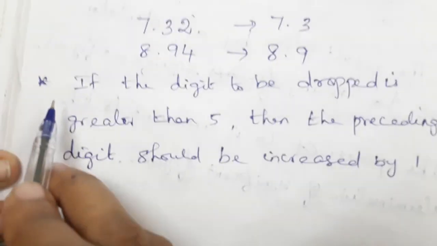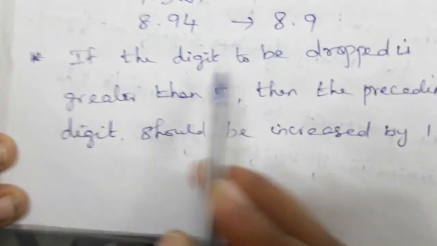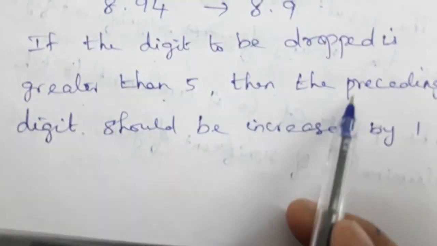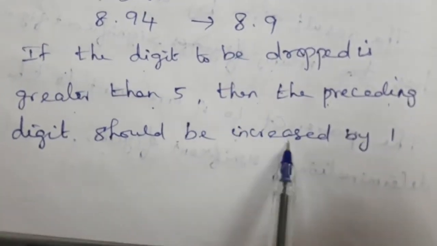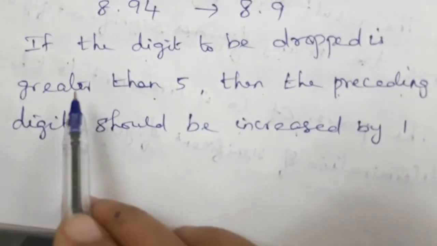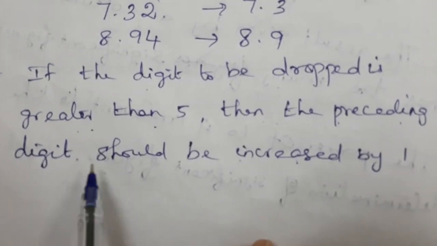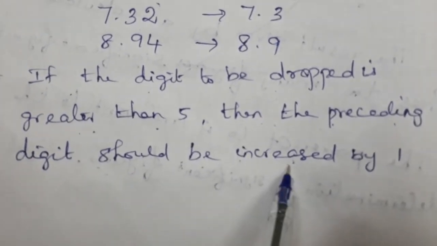Second rule. If the digit to be dropped is greater than 5, then the preceding digit should be increased by 1.